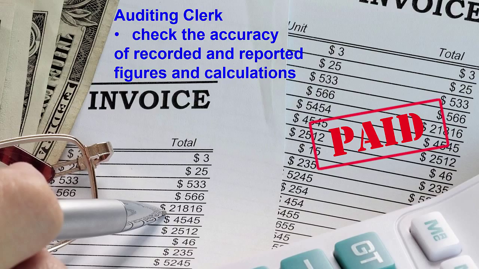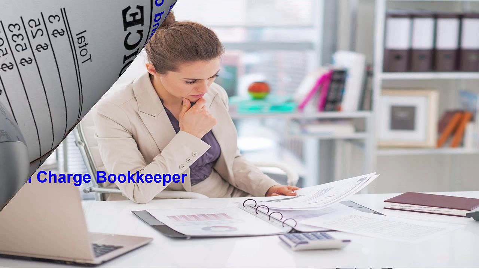An auditing clerk may be designated according to types of records being audited, like a cash auditor, inventory audit clerk, remittance, and the like, depending on the needs of the organization.